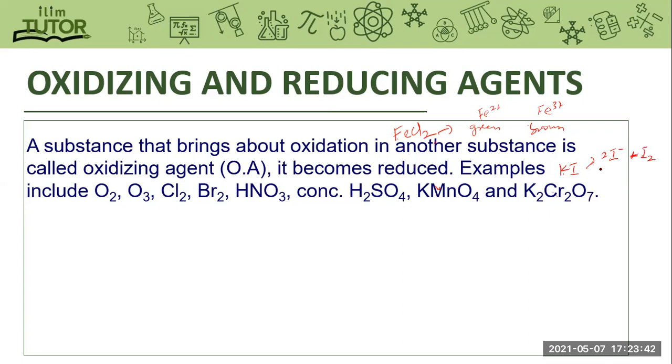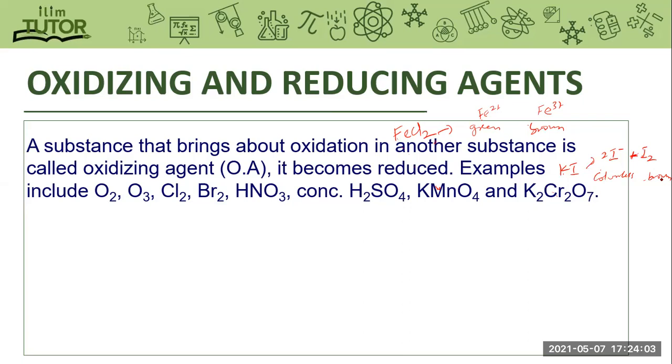So you expect that there'll be a change from colorless to brown, from colorless to brown. So when you react an oxidizing agent with iron 2 chloride, you have a change from green to brown.